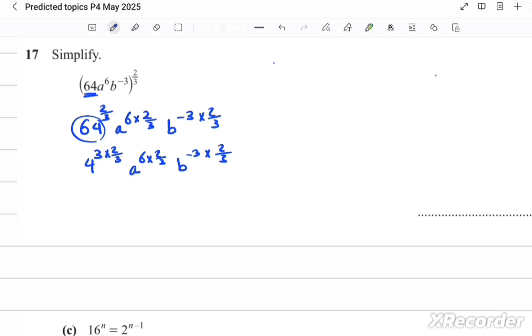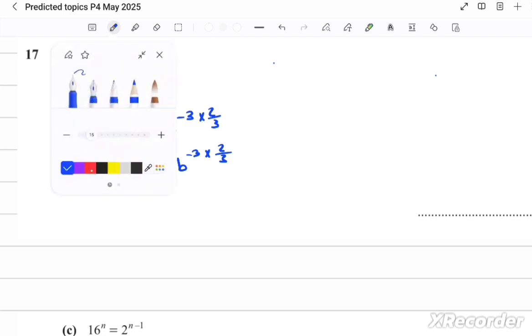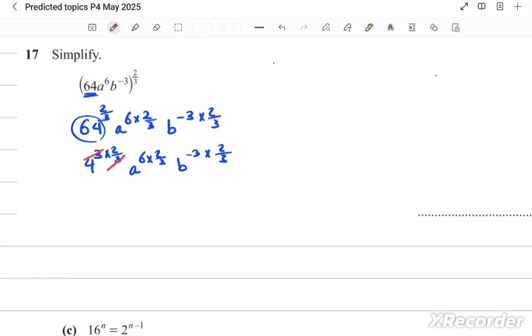Okay, so in this case, to simplify, you can cancel 3 with 3. Here 3 divided by 3 is 1, 6 divided by 3 is 2. Here 3 divided by 3 is 1, negative 3 divided by 3 is negative 1.